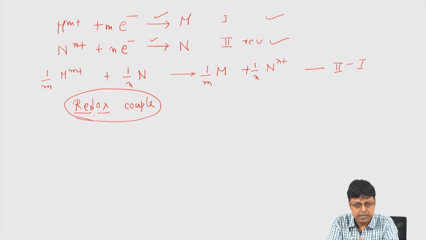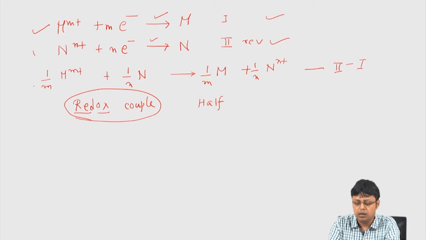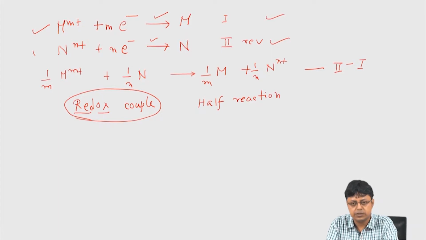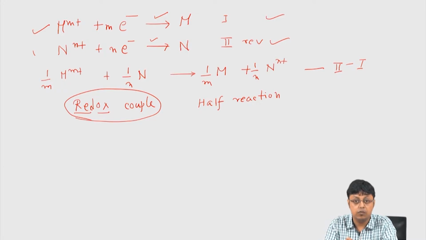Now, we will start our discussion based on the half reaction, in the sense that this is the total reaction where we did 2 minus 1, but we will first study what the thermodynamics of a half reaction is, and then we will just do addition or subtraction, keeping in mind whichever direction is spontaneous, and that spontaneity we can always discover from the sign of the Gibbs free energy change associated with the overall reaction.